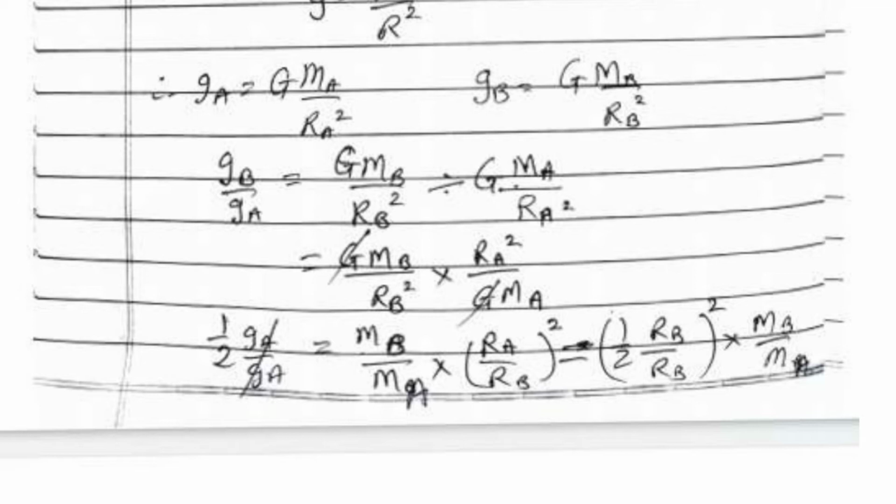We are given that the radius of planet A is half of planet B, right? So instead of RA, now I will write half of RB, square, of course that will come. Only instead of RA I have written half of RB square, right? And then the rest of this part is written here as it is.